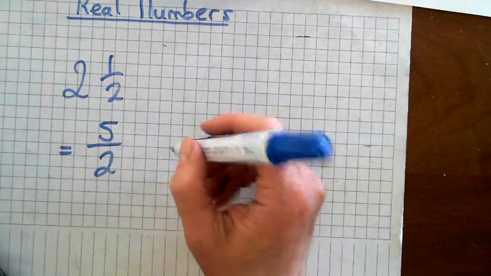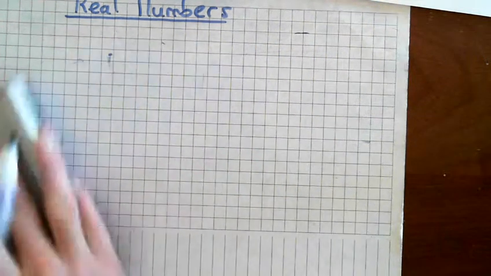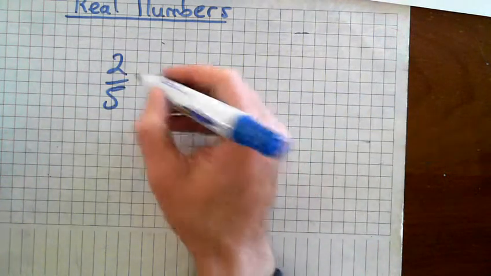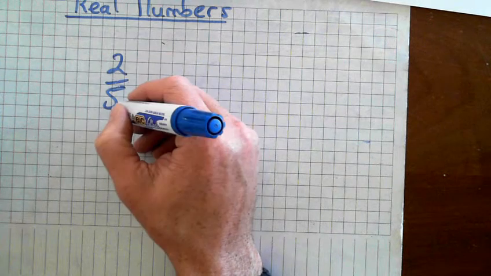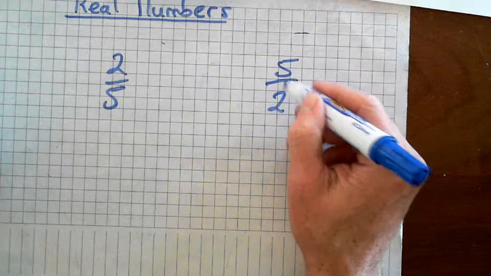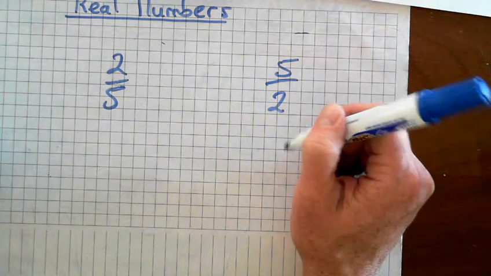Improper fraction. An improper fraction is top heavy. A proper fraction is, let's say, 2 over 5. The number on the top is less than the number on the bottom. So that's a proper fraction. That is an improper fraction. The number on the top is bigger than the number on the bottom.